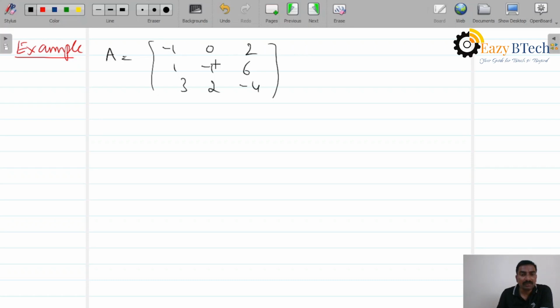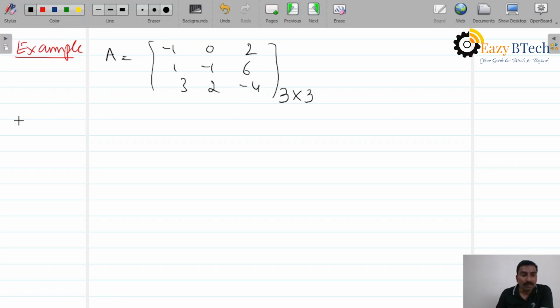This is the first row, 1 -1 6 the second row, and 3 2 -4 the third row. So there are a total of three rows. And how many columns are there? First column 1 -1 3, second column 0 -1 2, third column 2 6 -4. So there are three columns, therefore 3 by 3. This is the order of the matrix. So this matrix contains rows and also corresponding columns.